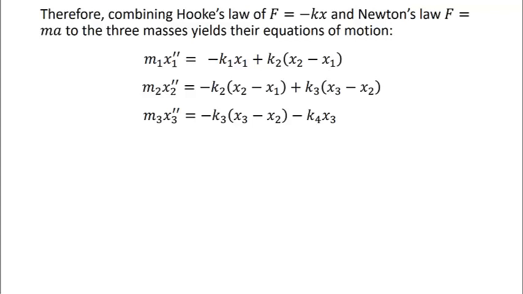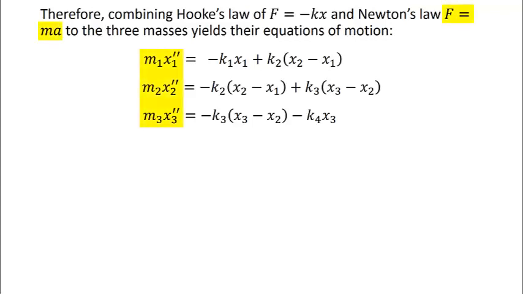M1 x1 double prime equals minus K1 x1 plus K2 times x2 minus x1. M2 x2 double prime equals minus K2 times x2 minus x1 plus K3 times x3 minus x2. And M3 x3 double prime equals minus K3 times x3 minus x2 minus K4 times x3.